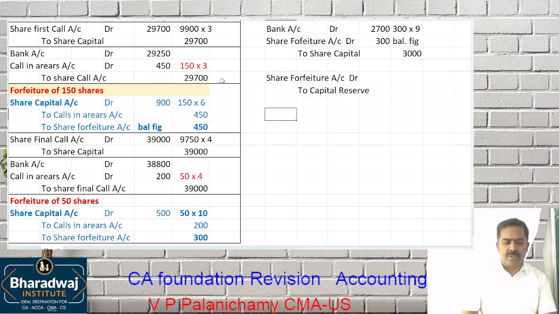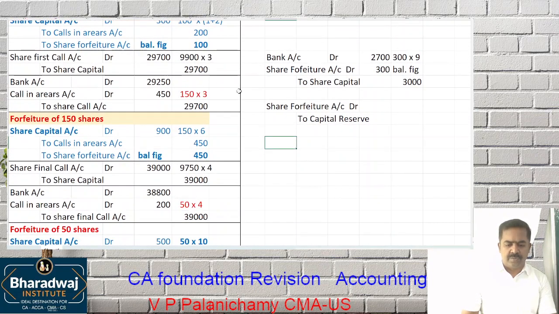So what is the forfeiture account balance? First ஒரு 100 rupees இருக்கு, then 450, then 300 minus last 300.